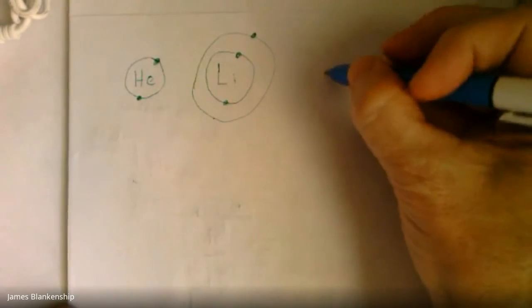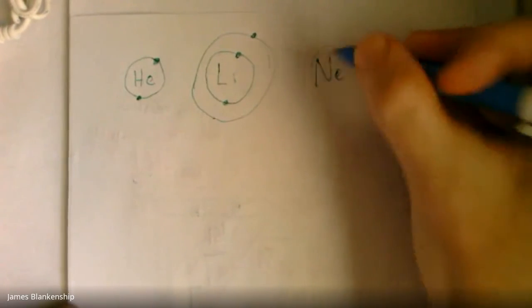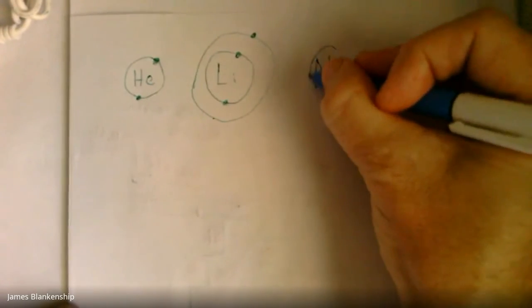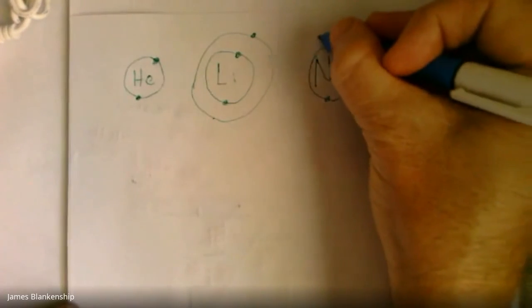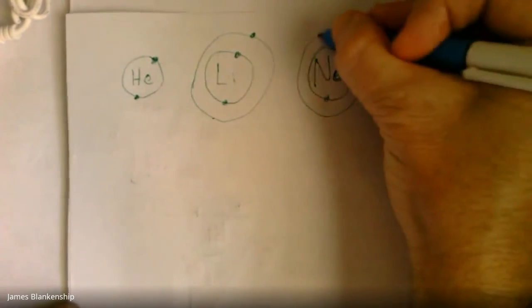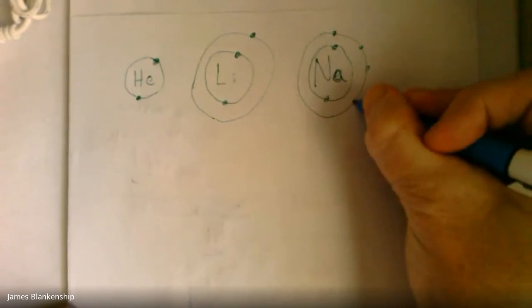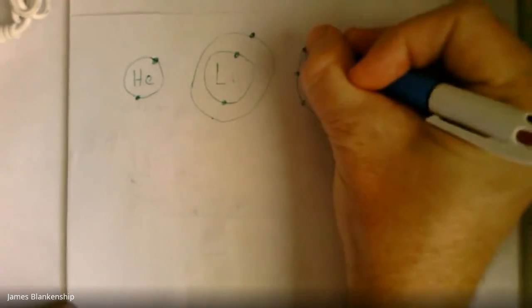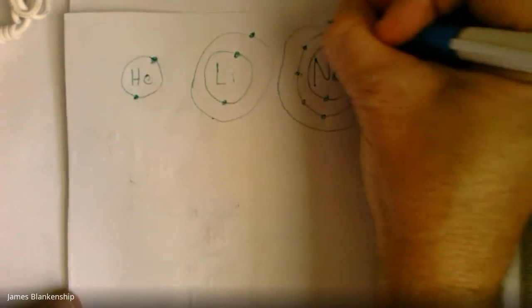If we decided to draw neon, actually not neon, let's do sodium. Sodium would still have its 2 in the first shell. It would then have 8 in its next shell: 1, 2, 3, 4, 5, 6, 7, 8. And then one more out here.